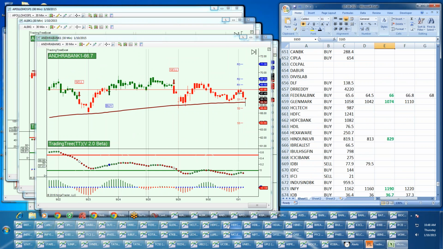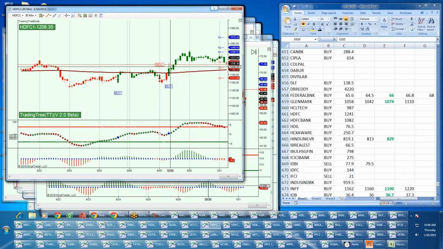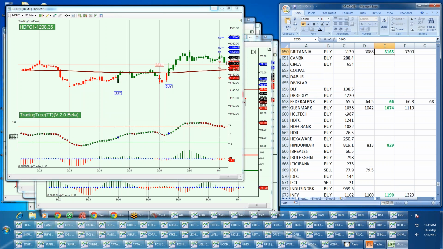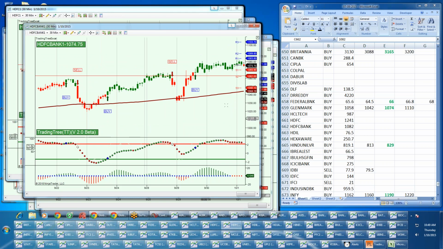There are some calls which have not triggered, like let me just show you HDFC. HDFC, our buy price was 1241. So 1241 is somewhere here, which did not happen today. Same thing like HDFC Bank, 1082, that's not triggered.